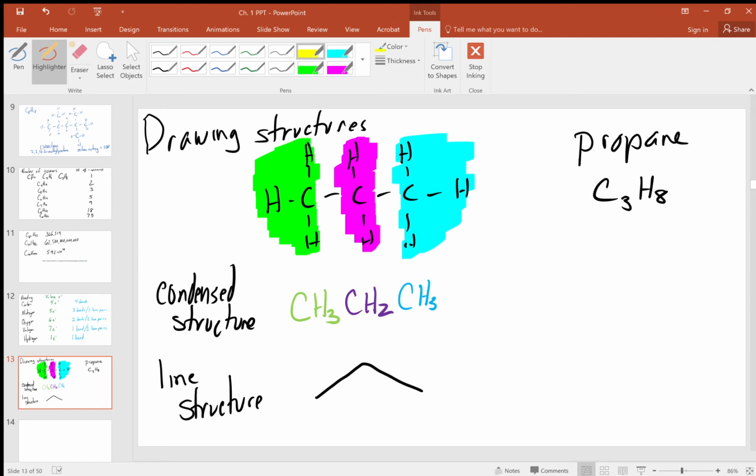So the first thing we want to find are the carbons. Anywhere that 2 lines come together, such as this point I've highlighted in yellow, is a carbon. Anywhere that a line ends, such as over here or over here, is also a carbon. So there's our 3 carbons.